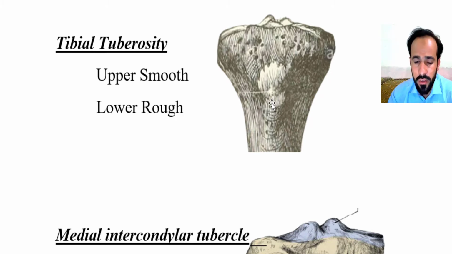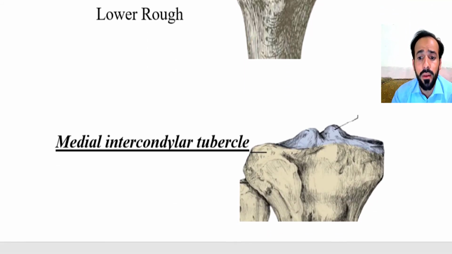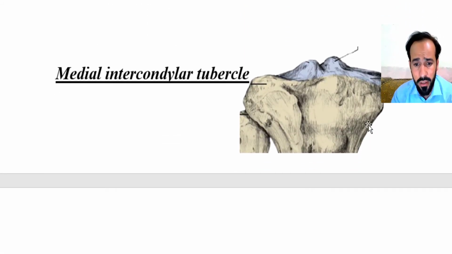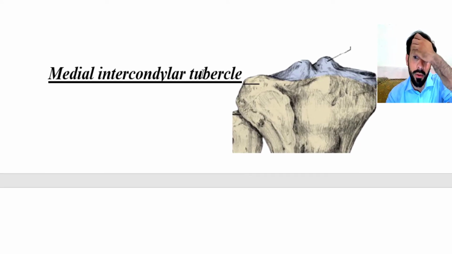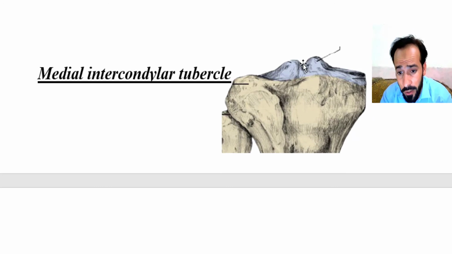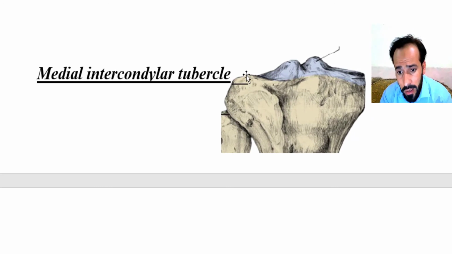So we discussed there are the medial and lateral condyles, there is the intercondylar area, and then there is the tibial tuberosity in the upper part of the tibial bone. Then my dear friends, there is the medial intercondylar tubercle, right? You can see here, first this is the lateral condyle, this is the medial condyle.